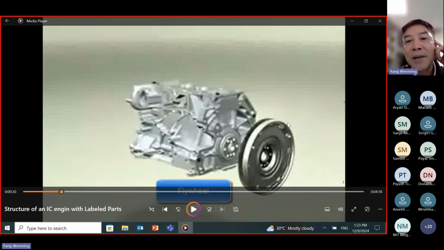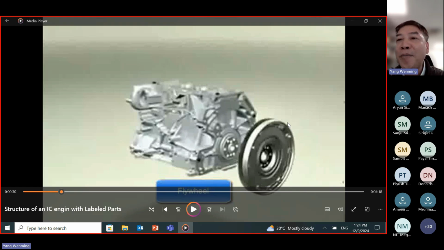So it can store energy, and the second function is to keep the engine rotation speed constant. Otherwise, what happens? In the compression stroke, because energy is consumed, the rotation speed will drop. Then in the power stroke, because power is produced, the rotation speed will increase.